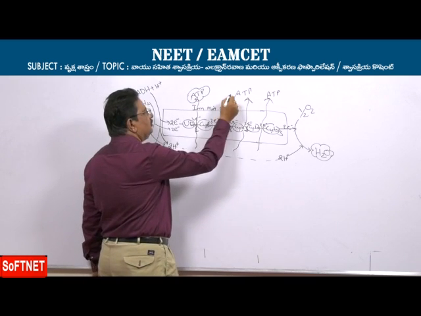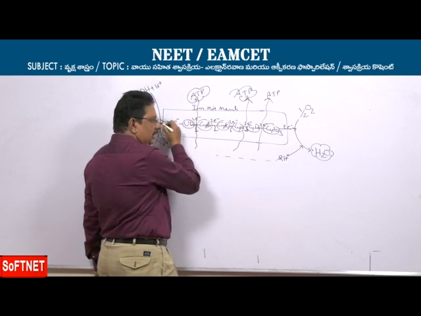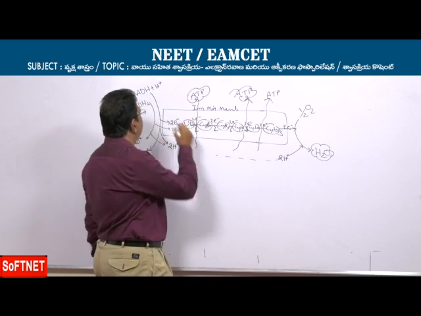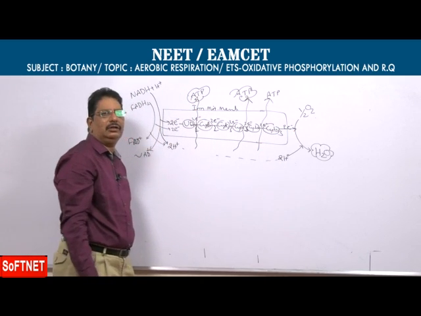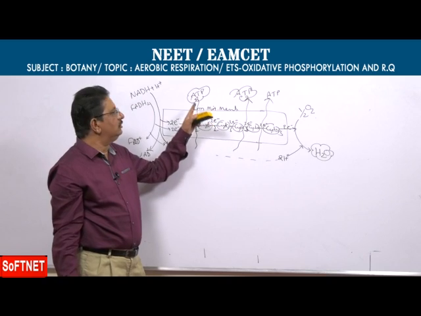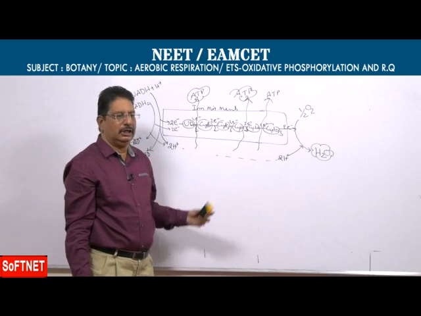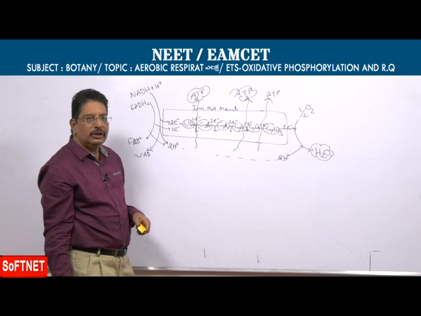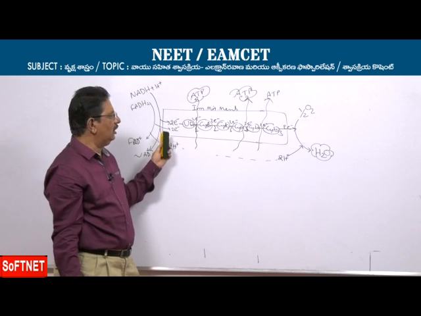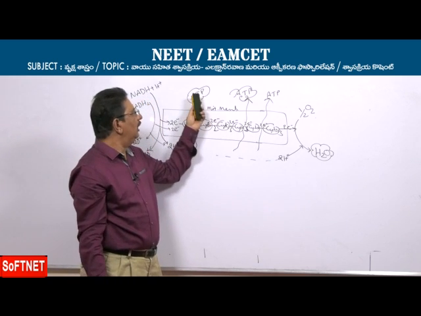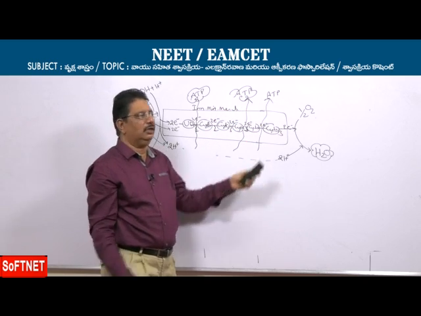Hence, in this process, there is an electron transport from reduced coenzyme to the final electron acceptor, coupled with synthesis of ATP. That is why this event is known as ETC or ETS, Electron Transport System, and oxidative phosphorylation.